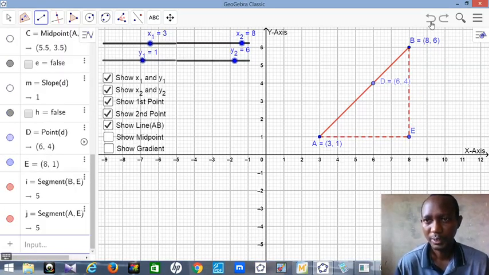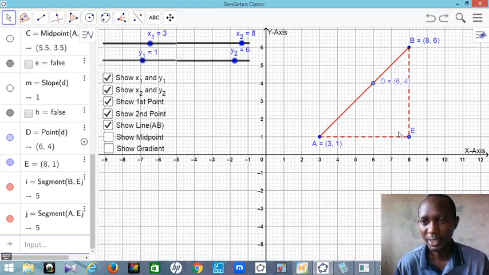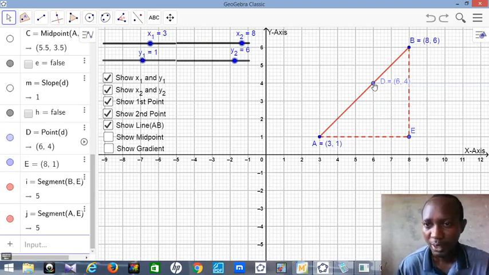This is the triangle ABE, and it is a right angle triangle because this angle is 90 degrees. The vertical and horizontal lines meet at 90 degrees. And this is the point sliding on line AB.